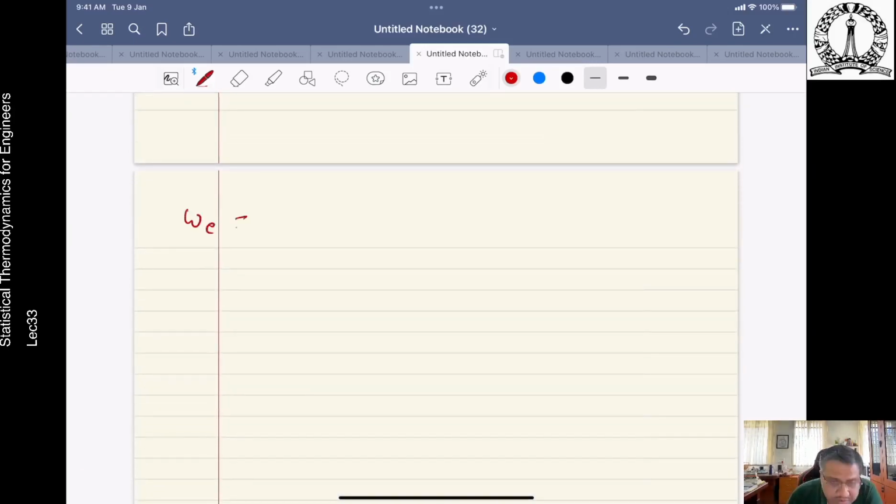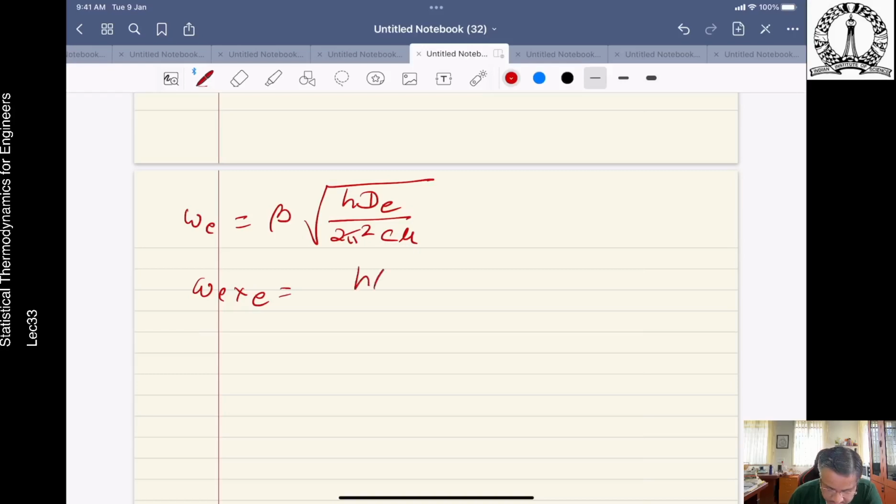So omega_e, for example, is beta h d_e divided by 2 pi squared c mu. Then omega_e x_e is equal to h beta squared over 8 pi squared c mu.